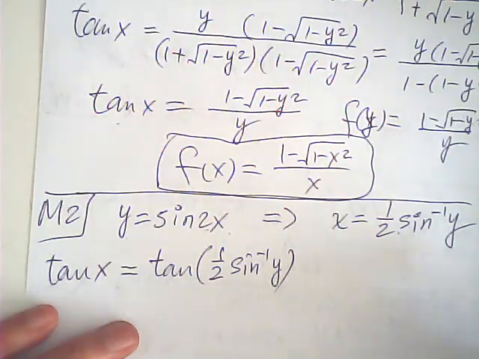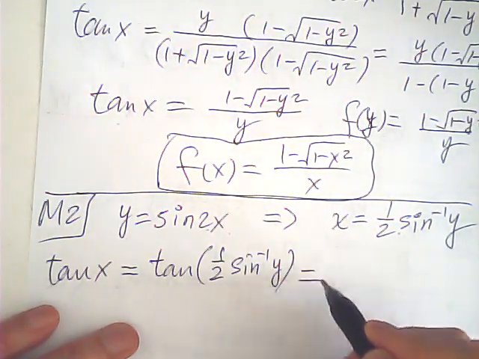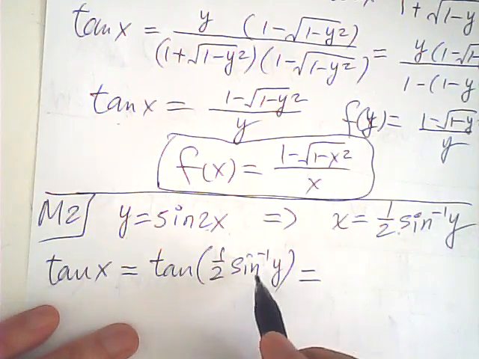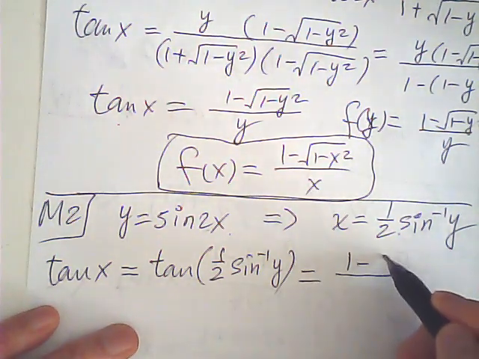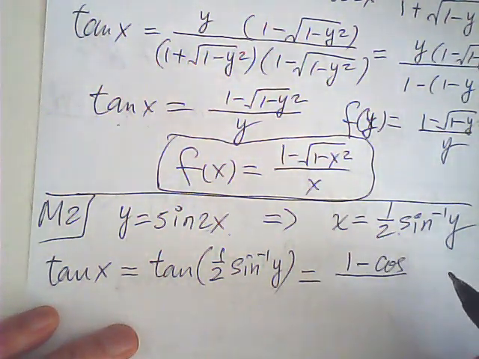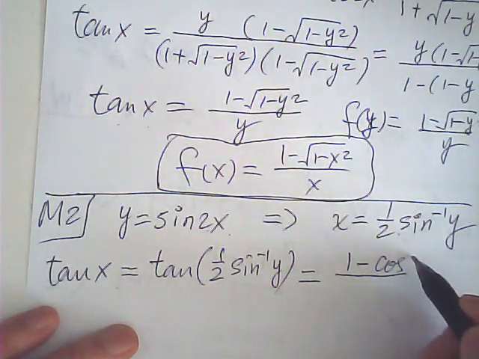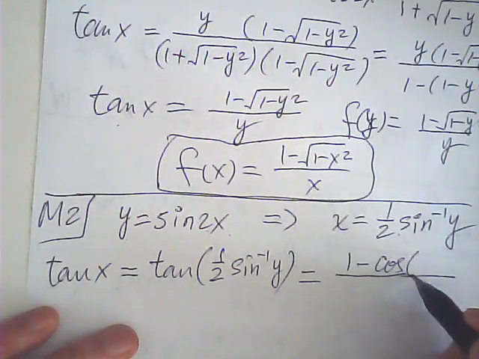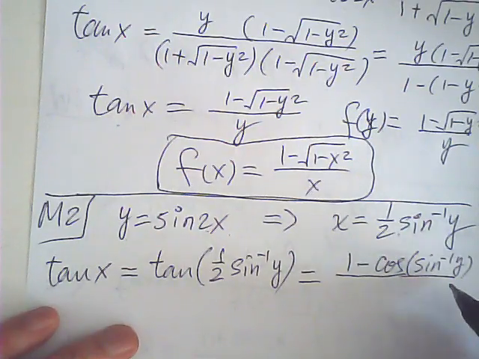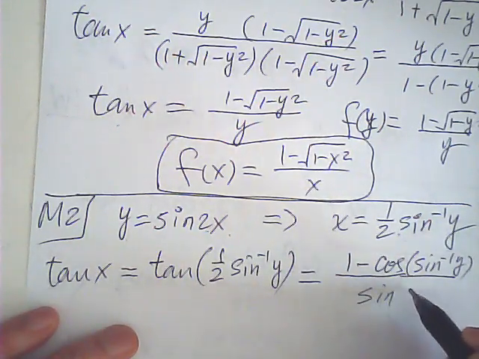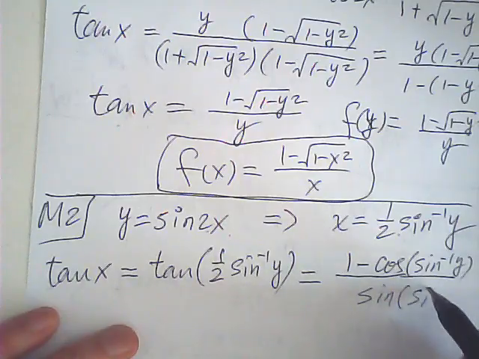So we have a formula. Tangent half theta is equal to 1 minus cosine theta, which is this, over sine of this angle, right?